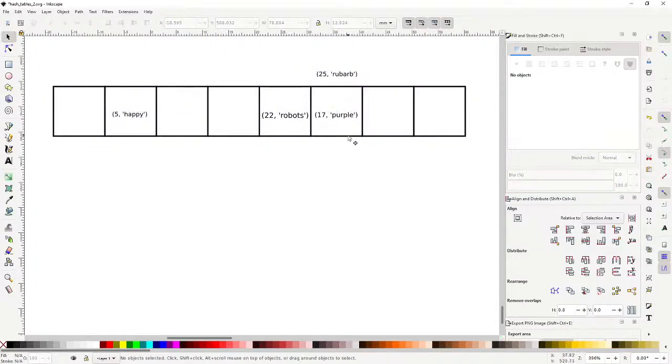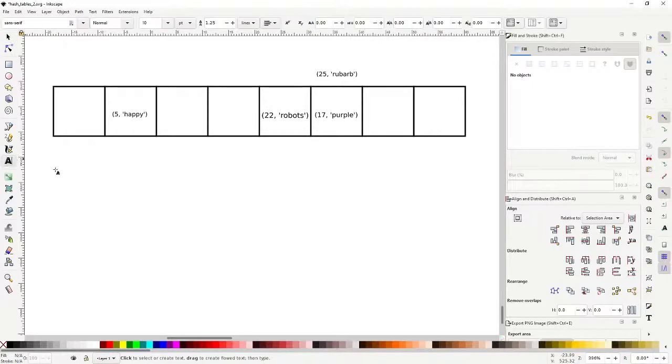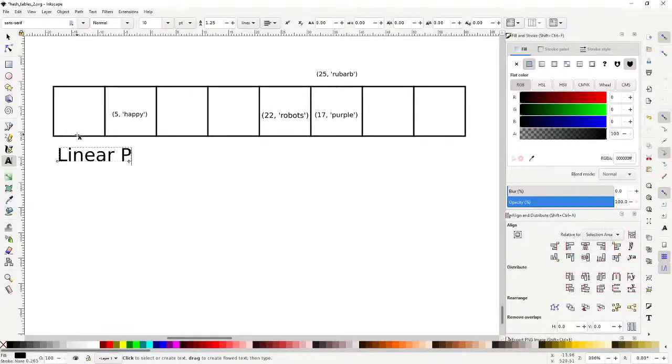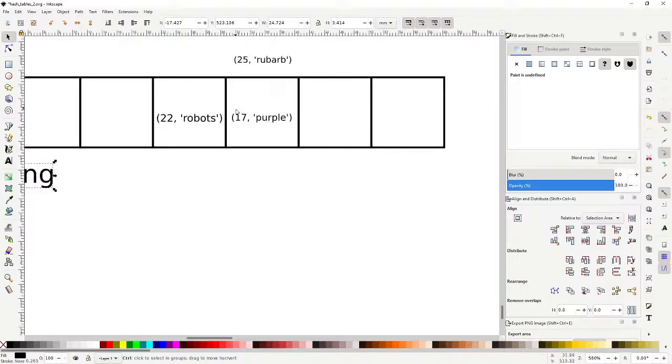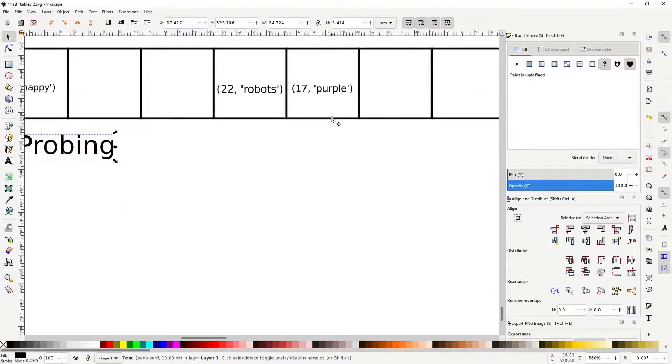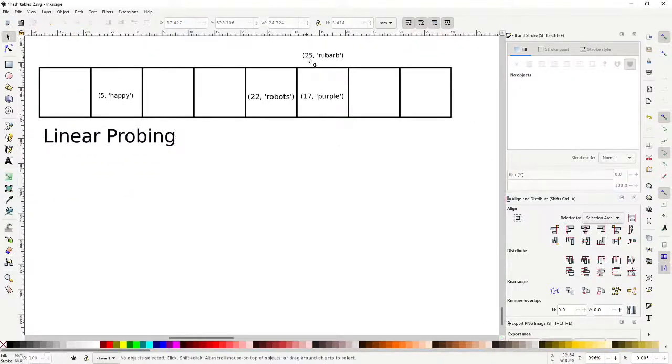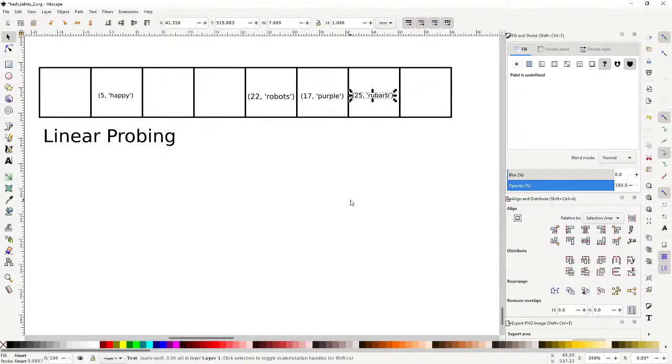When you try to put 2 things in the same spot, there is what we call linear probing, right? Where linear probing says what you do is you just insert it into the next slot, okay? So for instance, here what you're going to do is just stick it here.